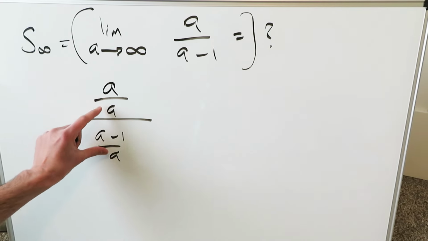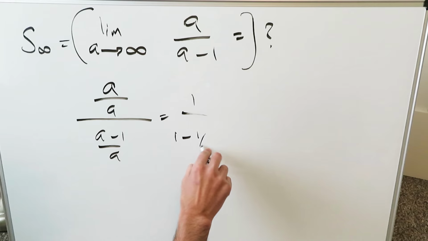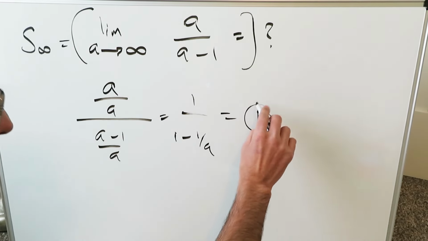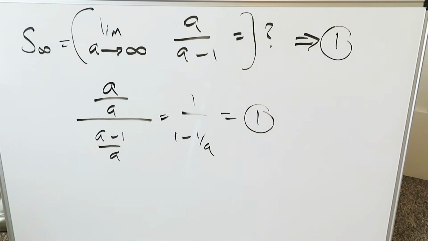That's what I'm doing, dividing everything by the highest order variable exponent. I have 1 over 1 minus 1 over a. Limit as a approaches infinity, I'm looking at an end result of 1. But what does this 1 mean? It means this: as the values of your infinite geometric series base constant become larger, the entire sum of that series will become more and more close to that very first term.